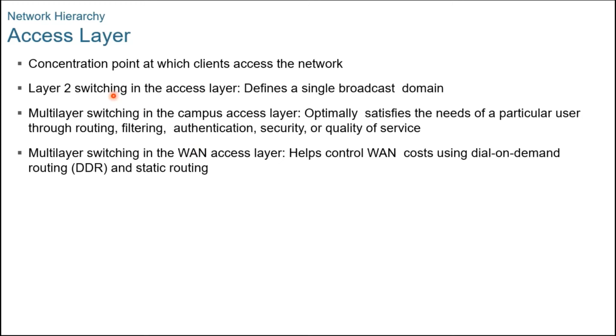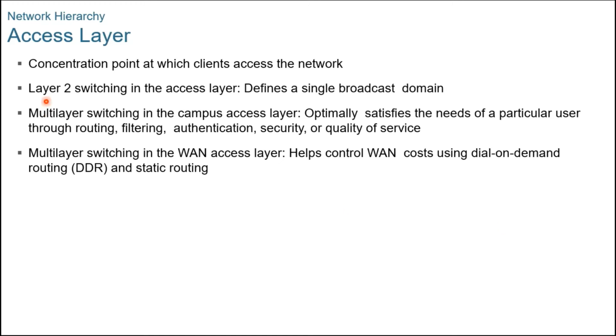Layer 2 switching and multilayer switching in the access layer. Access can be provided to users as part of either a Layer 2 or L2 switching environment or a multilayer switching environment, also known as Layer 3 switching.